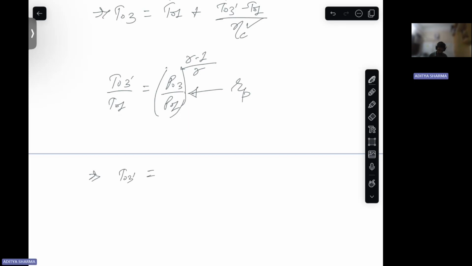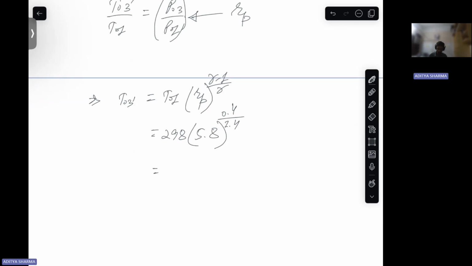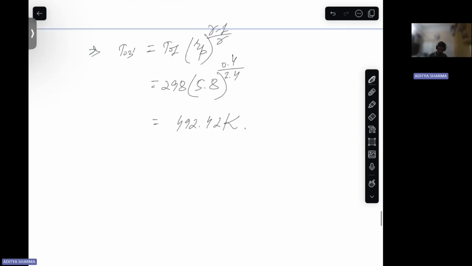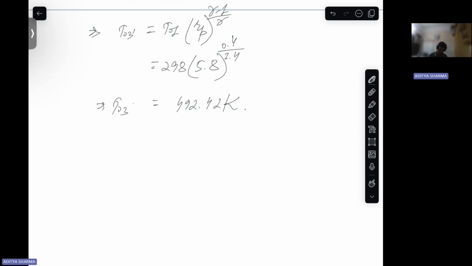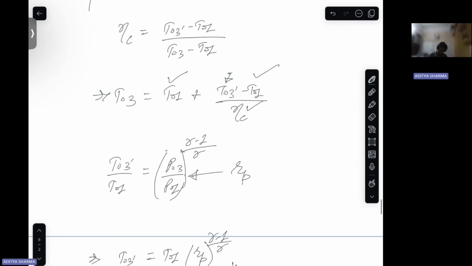Implies T naught 3 dash becomes T naught 1 RP to the power gamma minus 1 by gamma. So T naught 1 is 298, this is 5.8, and if we take gamma as 1.4, this comes out to be around 492.42 Kelvin.